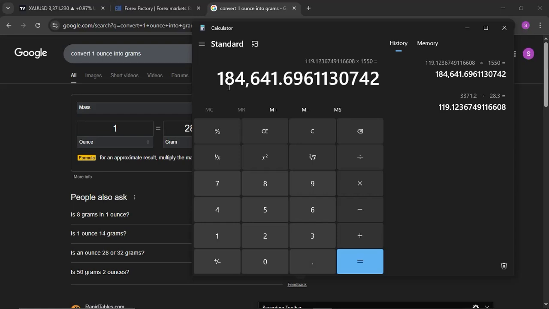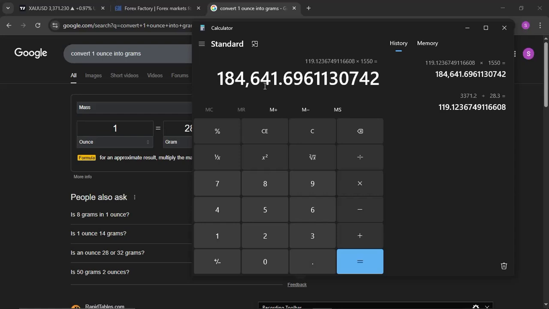Each gram of gold is 184,641. If now I'm talking about 24 karat, that's the most pure and standard gold in the market. So we are not talking about 18 karat, 20 something karat, no, 24 karat gold.